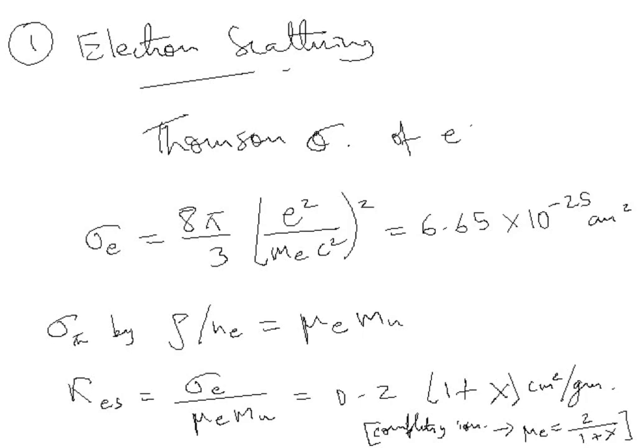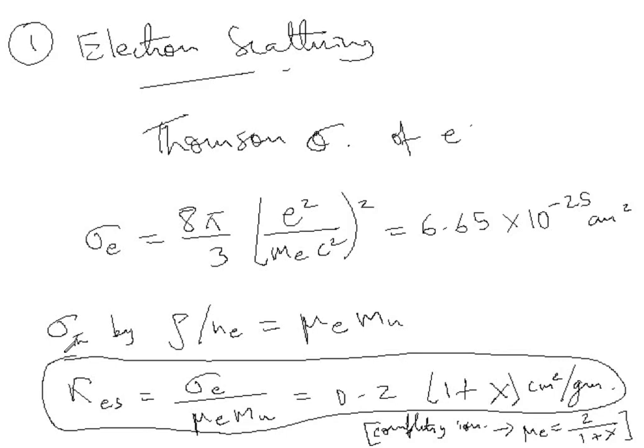Okay, so basically what we learned is this particular expression. This is important. And also we observe that there is no frequency dependence over here, right? Now, so this was the first important contribution to opacity, electron scattering.